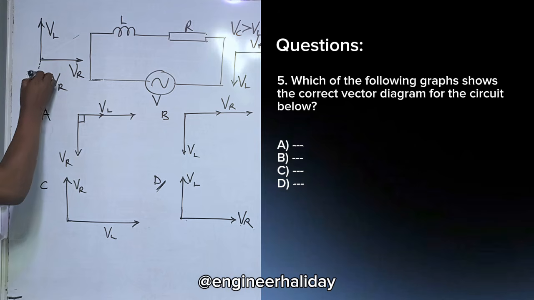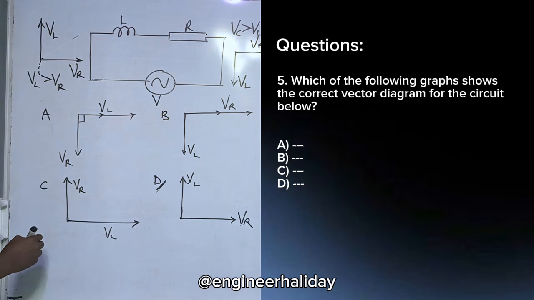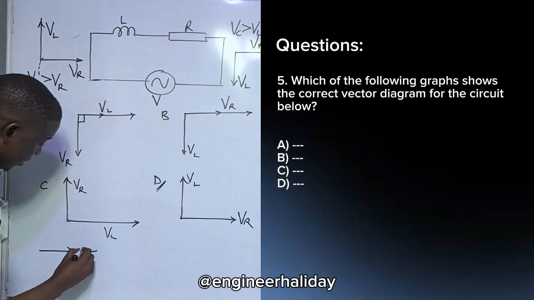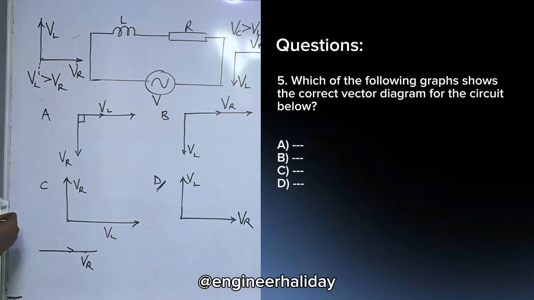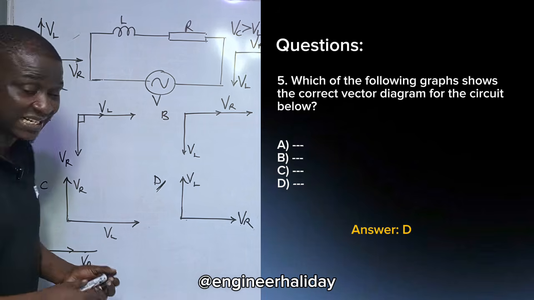Although you can draw the complete diagram, if the two of them are equal, it will just be like this. Only VR will be considered because VL and VC will cancel out. Don't forget that the two of them are 180 degrees out of phase, so the answer is D.